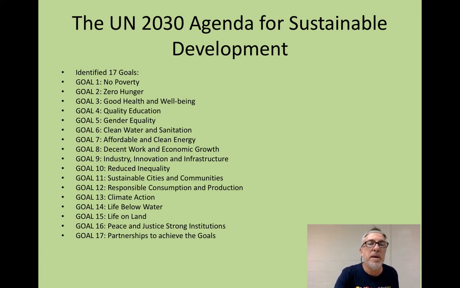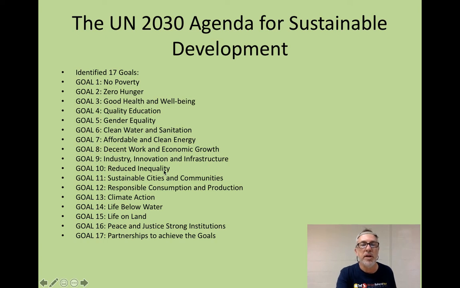Good health and well-being for people. Quality education for people. Gender equality for people. Clean water and sanitation for people. Affordable and clean energy for people. Decent work and economic growth for people. Industry, innovation, and infrastructure for and by people.